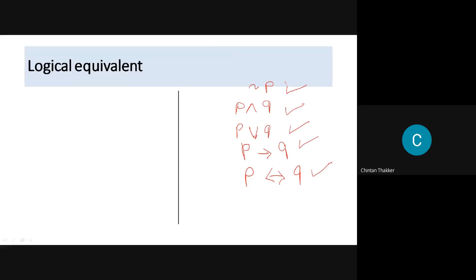If the compound statement is always false, no matter the truth or falsity of the involved statements, then that compound statement is called a contradiction. And if it is both true and false, it is called a contingency. Okay, so this much we have done.